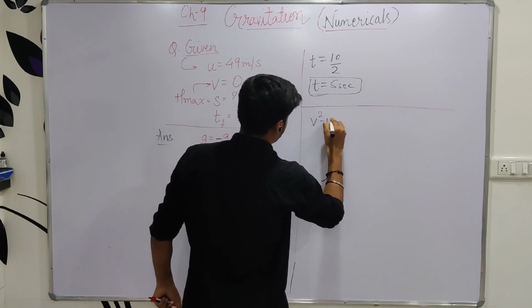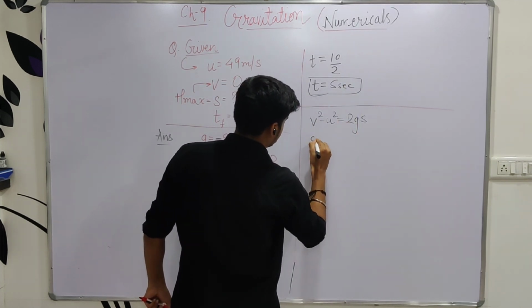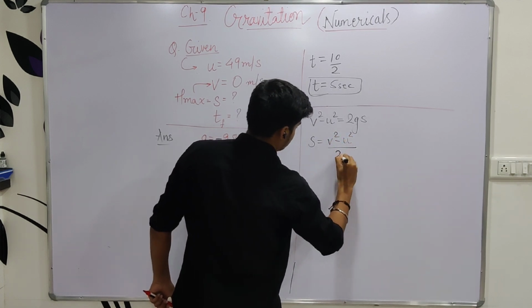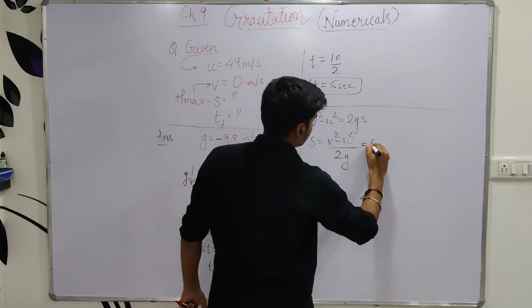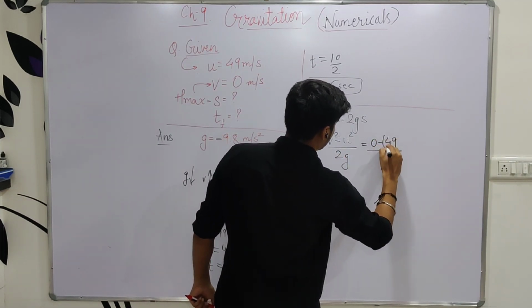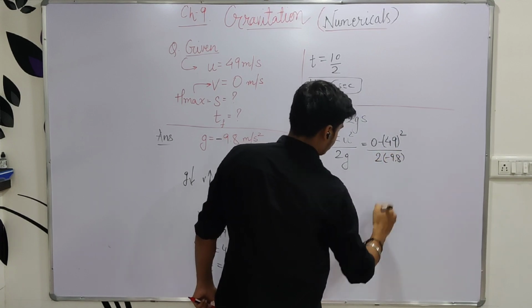V square minus u square is equal to 2gs. S will be equal to v square minus u square upon 2g. Final velocity is 0. Initial velocity is 49, whole square, 2 into minus 9.8.